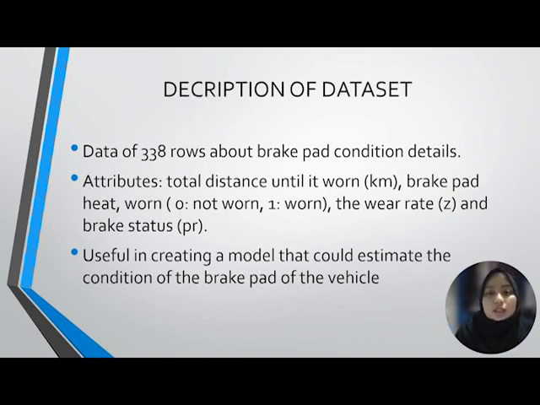However, the original dataset that we received has a minimal set of data. So we made some changes to the dataset where we added some dummy samples to increase the rows to 338. This dataset will be useful in creating a model that could estimate the condition of the brake pad of the vehicle.